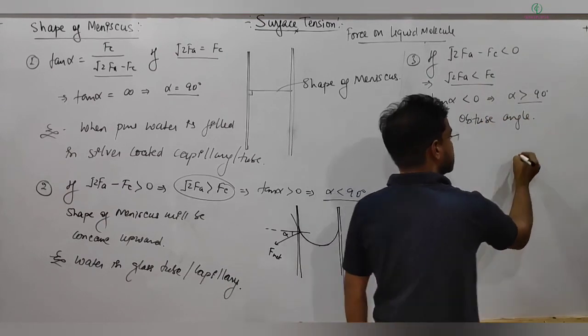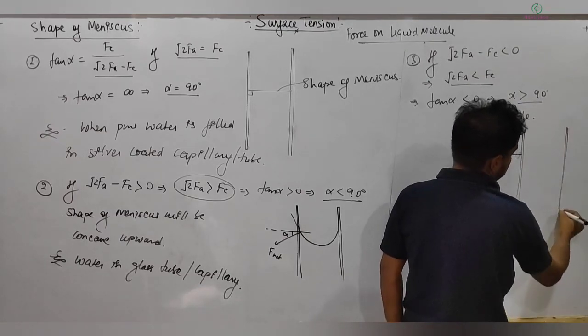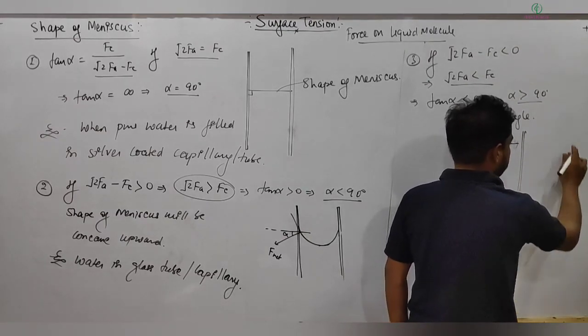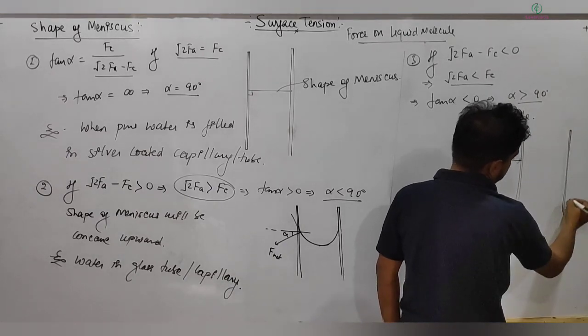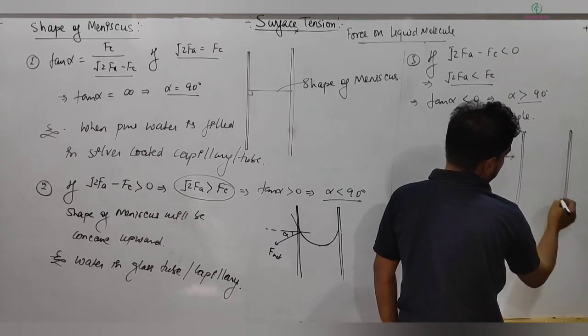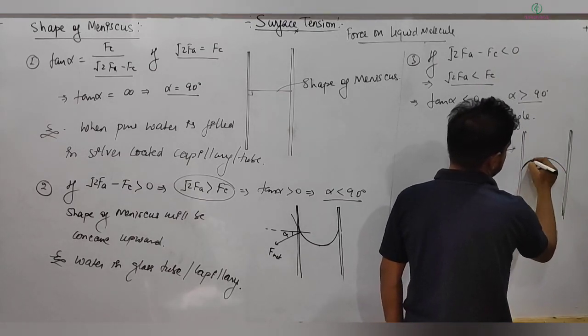So in this situation, the meniscus will be in this orientation. You can just imagine here, net force will be directed inward. So here in this situation, the shape of meniscus will be something like this.